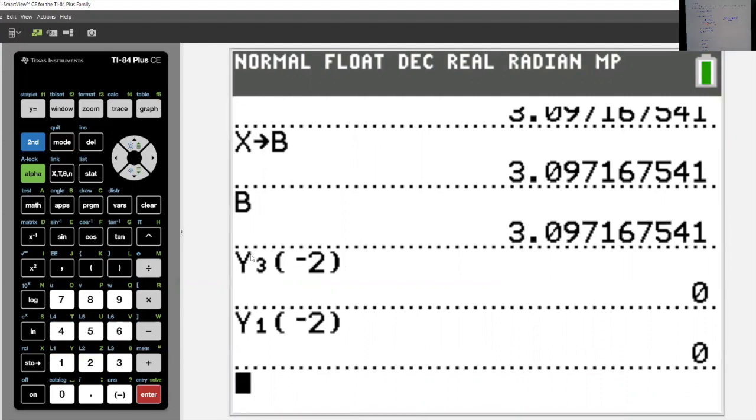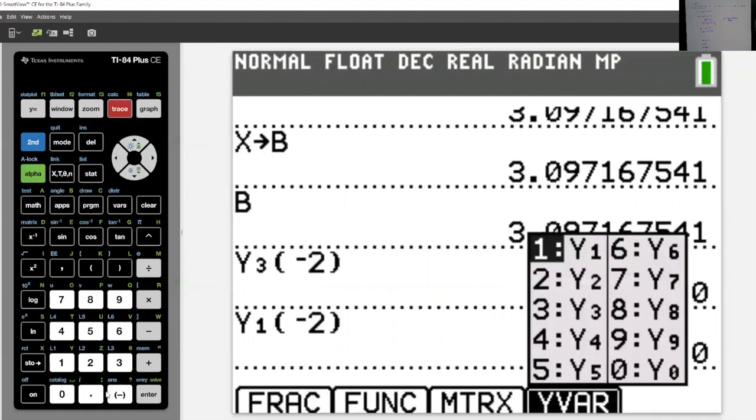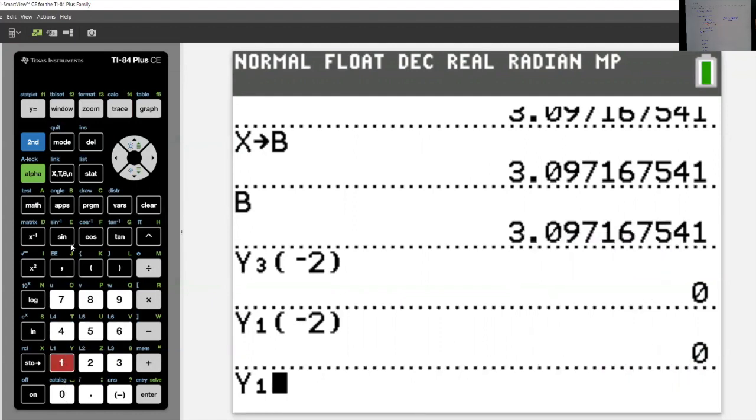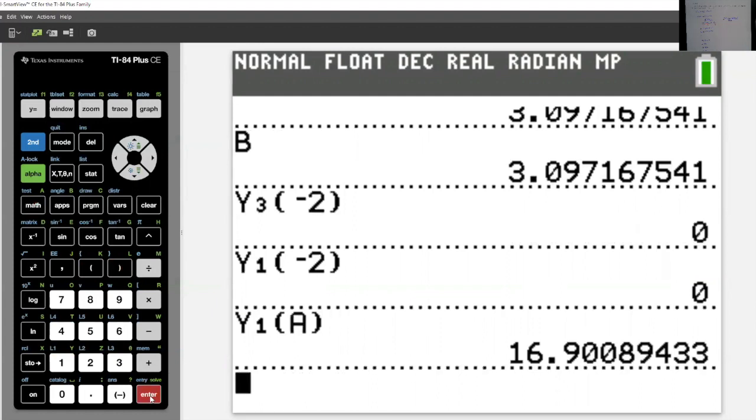This one I shouldn't have used this one, all right? Okay, and then we got to do y1 of a, okay, because that'd be f of a. So alpha, trace, number 1, and then parentheses, alpha a, close the parenthesis, and that gives us 16.901.